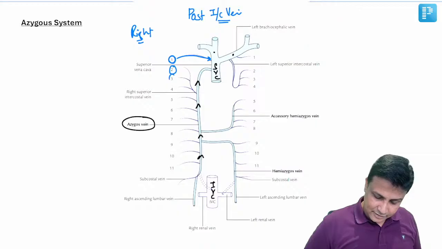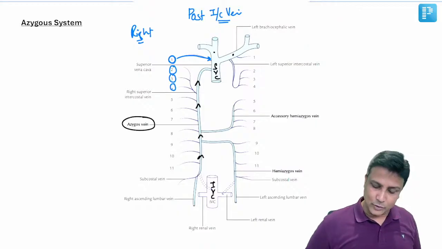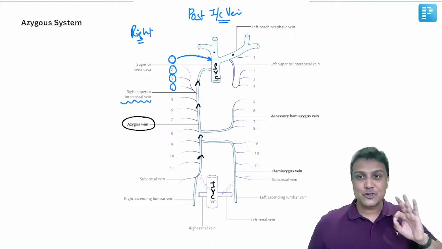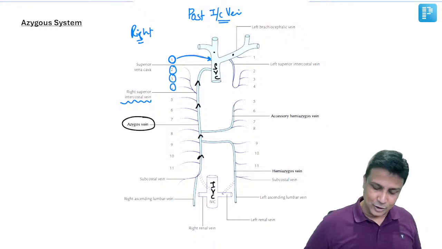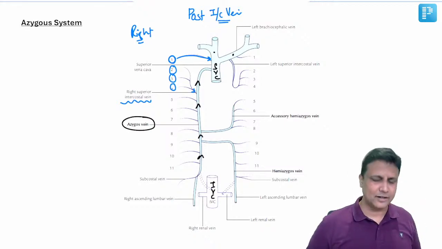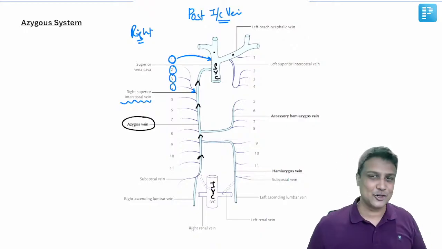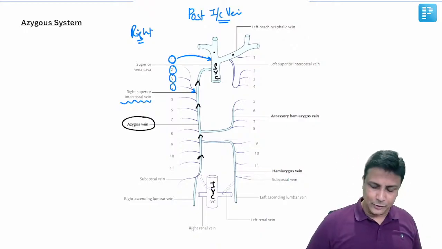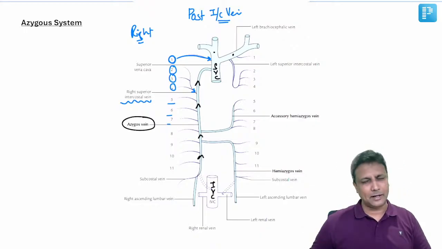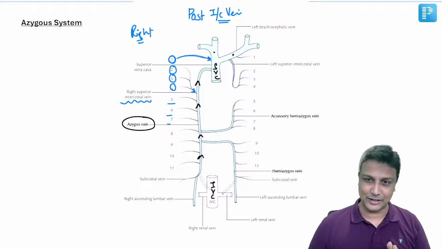The second, third, and fourth veins together are going to join and form the right superior intercostal vein. And the right superior intercostal vein will go and drain into the azygous vein. You can very clearly see it's draining into the azygous vein there. After that, no need to remember the numbers 5, 6, 7, 8. All of them will drain into the azygous vein only.